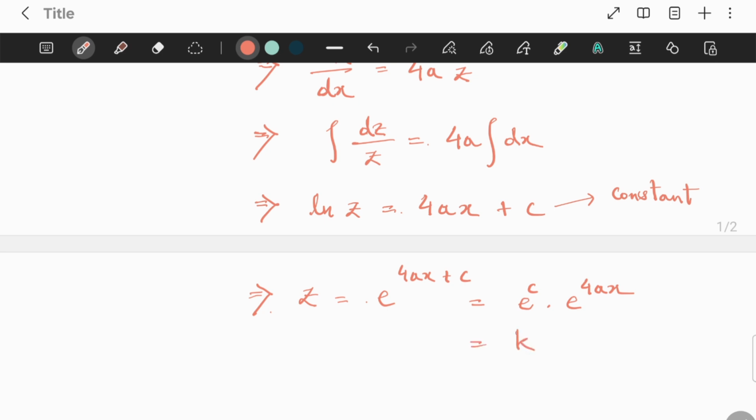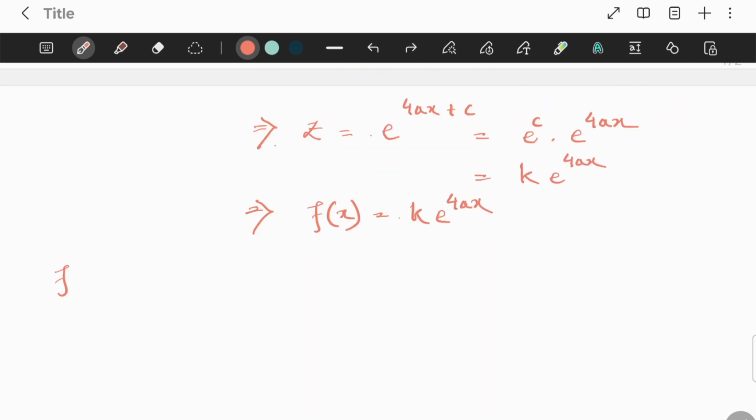That means k is a constant, which is equal to e to the power c, into e to the power 4ax, which is also f(x). So f(x) equals k e to the power 4ax.